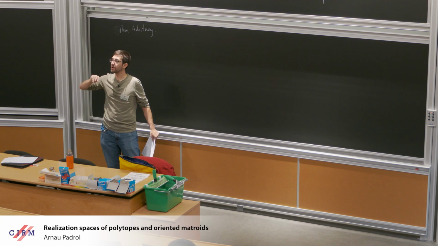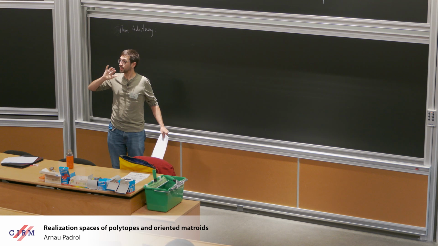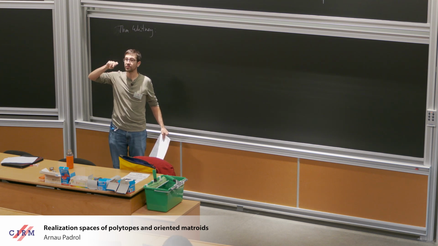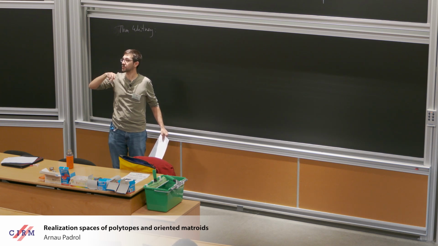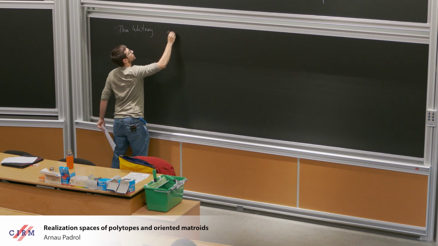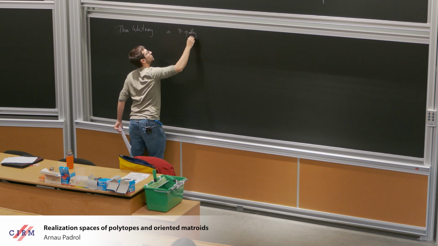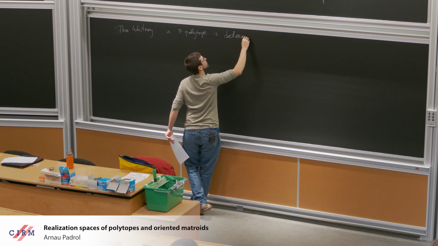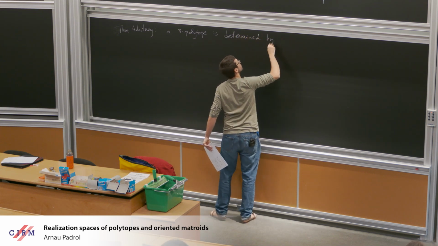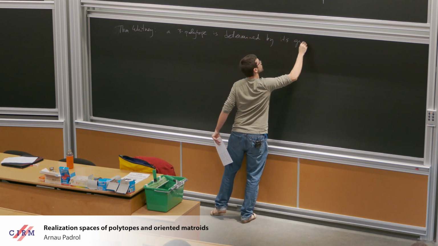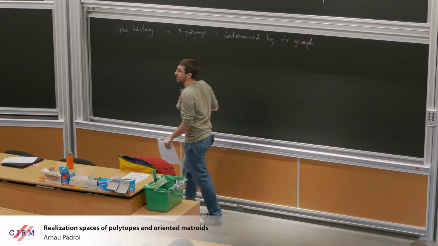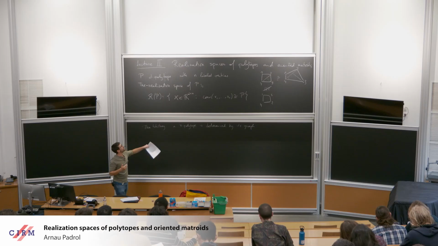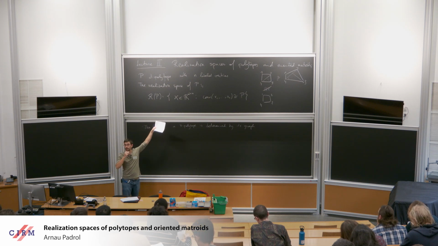So if you know the graph, you know all the faces. Okay? This is no longer true in higher dimensions, but in dimension 3, if you know all the vertices and all the edges, you can guess who the two-dimensional faces are going to be. Okay? So to realize a polytope, you only need to check the graph.